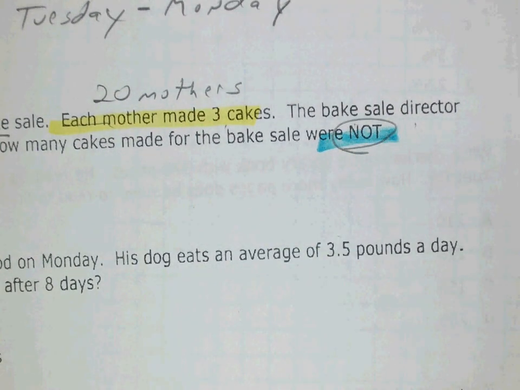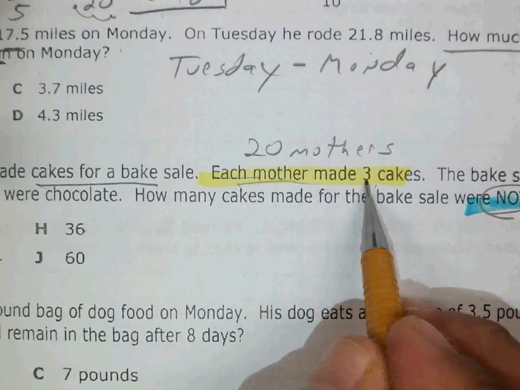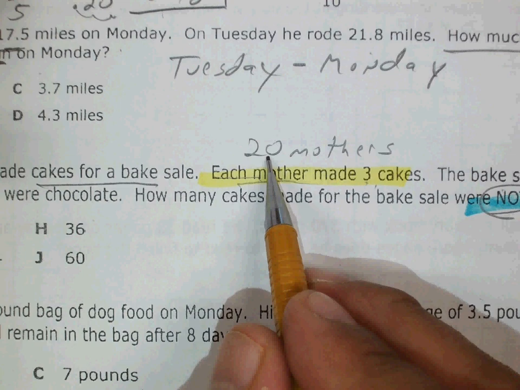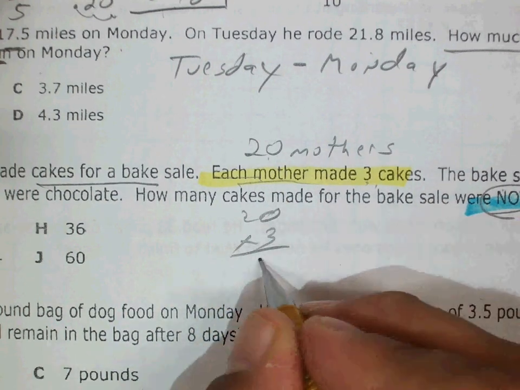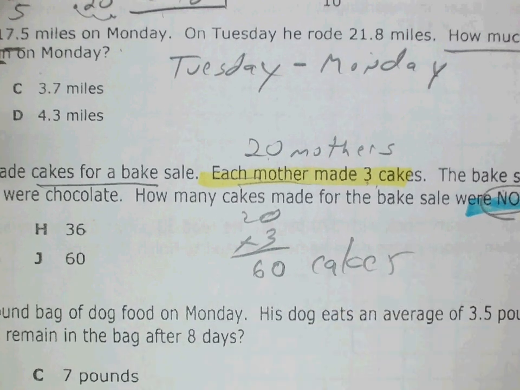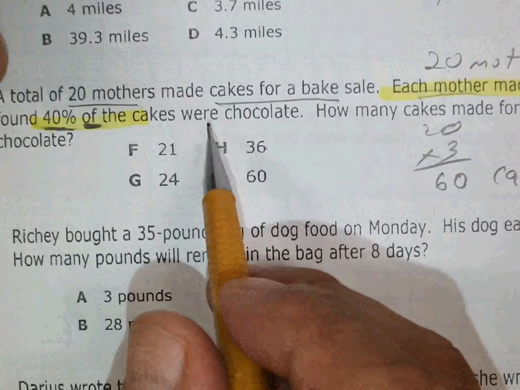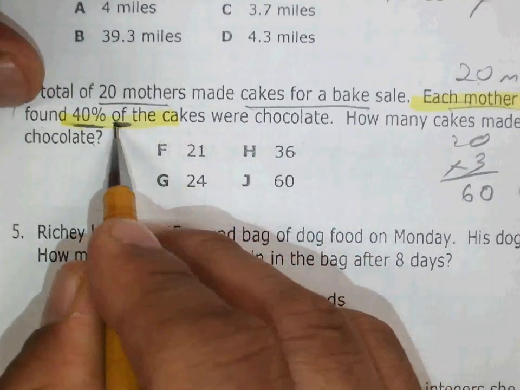So first of all, you gotta find out how many cakes there were. Well, each mother made 3 cakes, and there were 20 mothers. Well, 20 times 3 gives me 60 cakes. So there were 60 cakes. Okay? And so all you have to do is, 40% of means multiply.